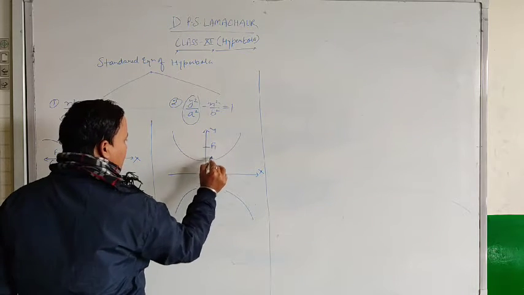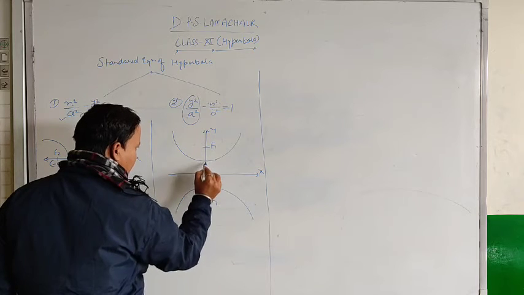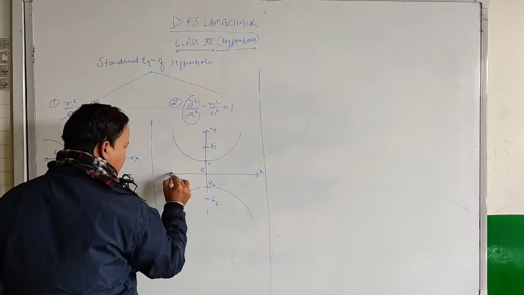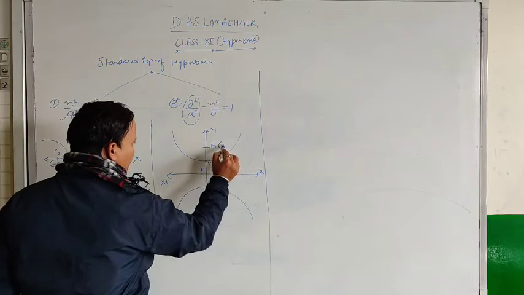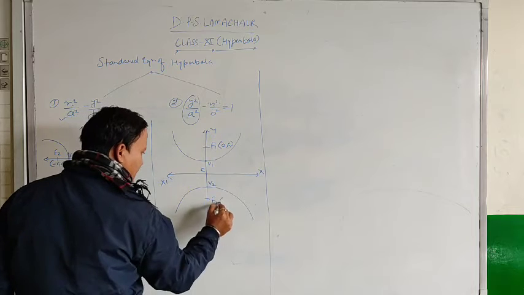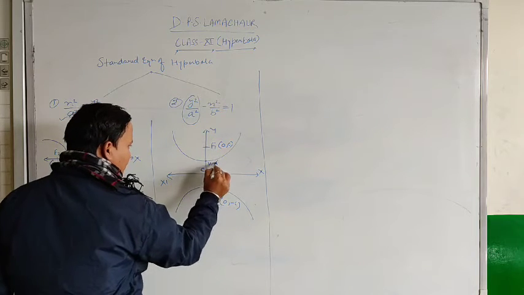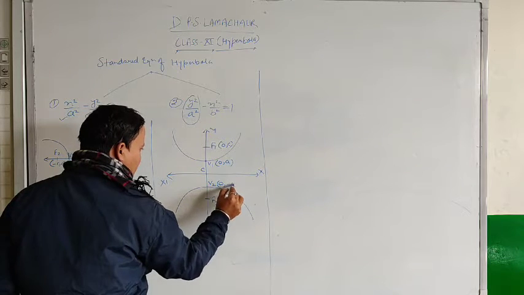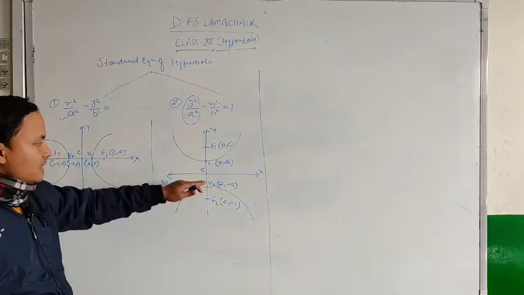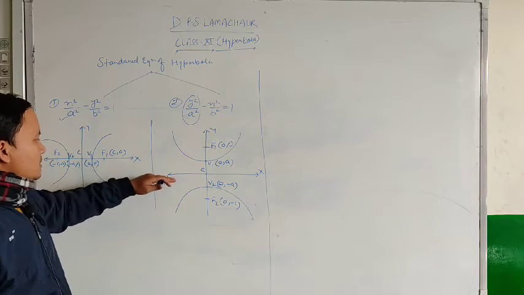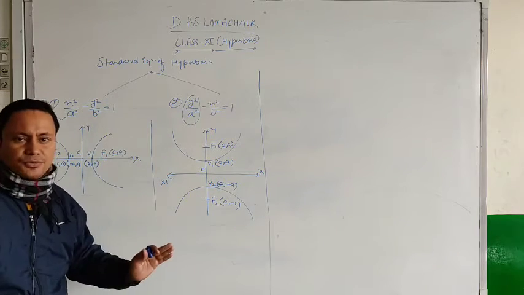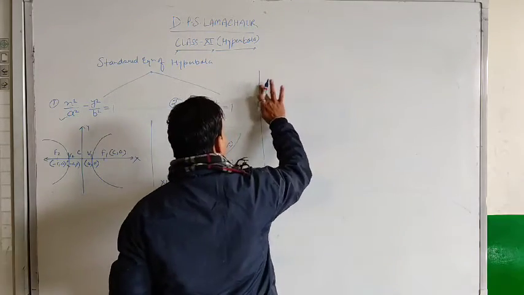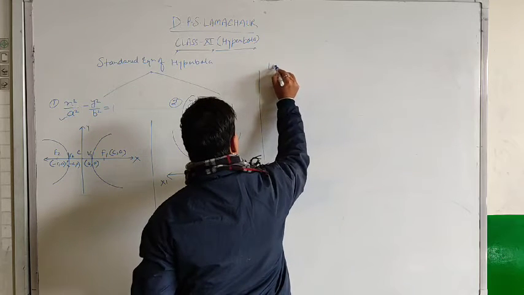This is the first focus, this is the second focus, this is the first vertex, this is the second vertex, this is the center. The coordinates of this point will be 0 comma c, the second focus 0 comma minus c, the vertex 0 comma a, and this one 0 comma minus a, and the center, as usual, lies at the origin. So these are the two different kinds of standard equations of hyperbola. Now the next topic is, what is the length of latus rectum?